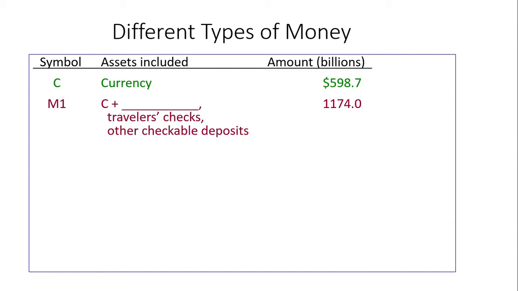Nowadays you have an ATM card or something, that is also part of your M1. So your savings account money, which is immediately transferable to other accounts, not in the currency form, but can be immediately transacted in terms of liquidity. So if we see it as a liquidity scale, after currency we add the checks and checkable deposits, we get M1. That's a little less liquid than currency.